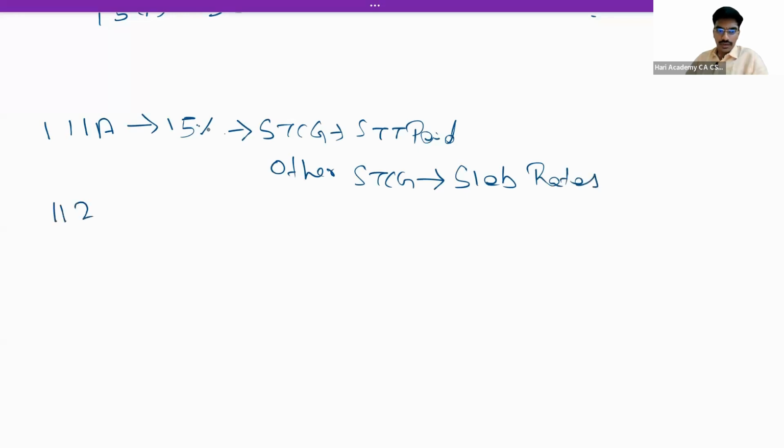In 112, the rate has been changed to 12.5%. Earlier, here it was 20%.